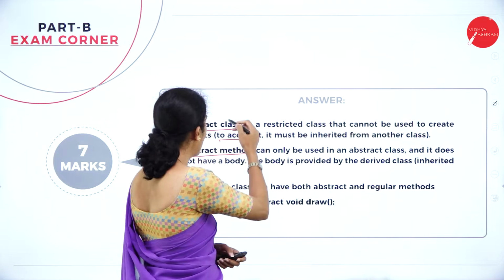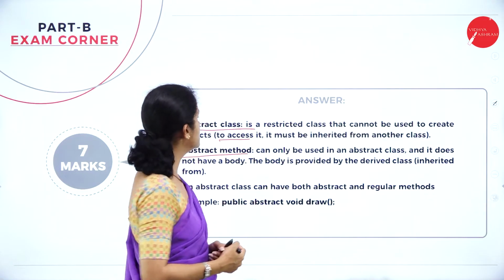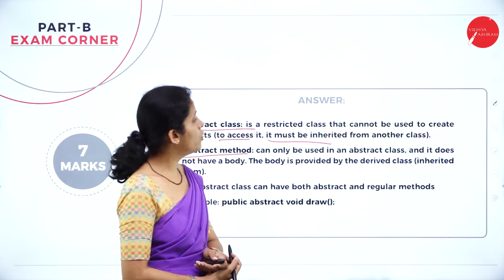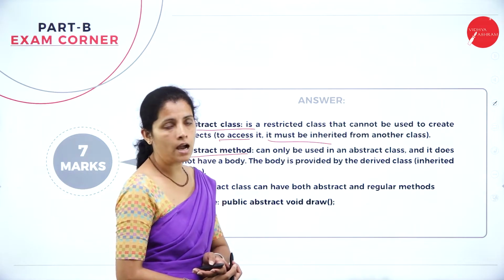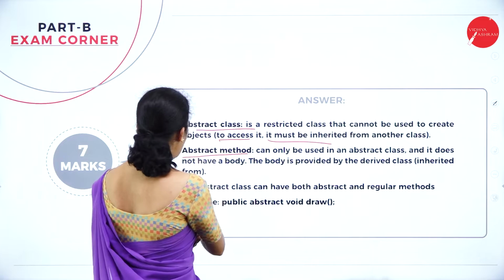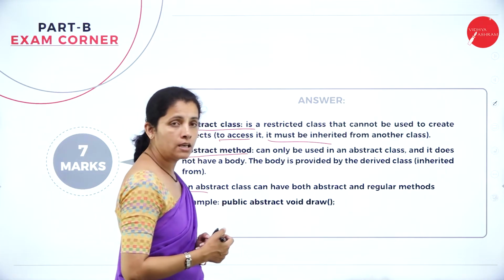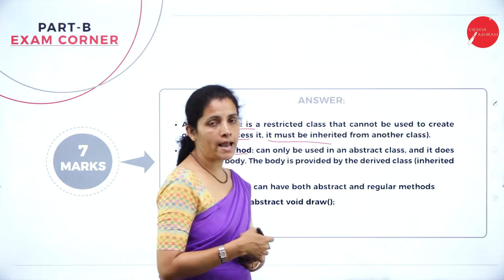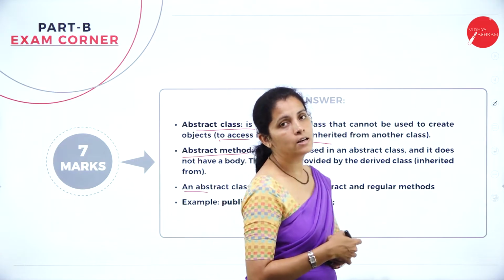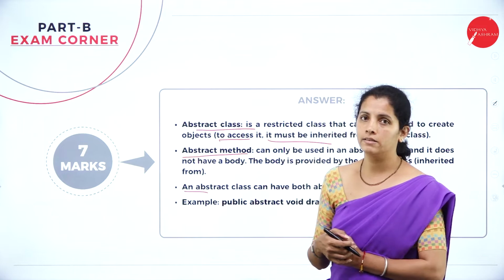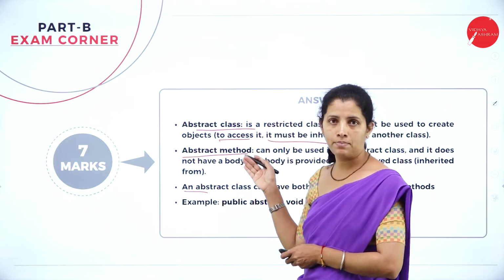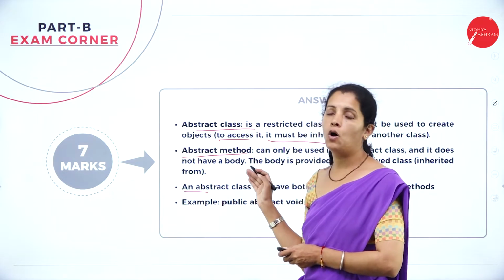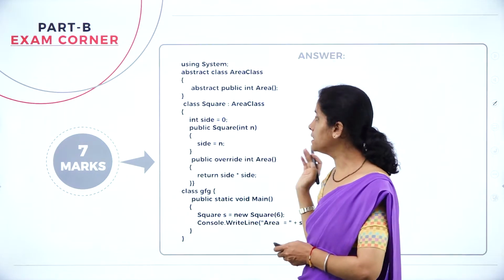If I want to access an abstract class, then it must be inherited from another class. So an abstract class can have both abstract methods and non-abstract methods. In the sense, in my abstract class, I can create an abstract method or a non-abstract method.